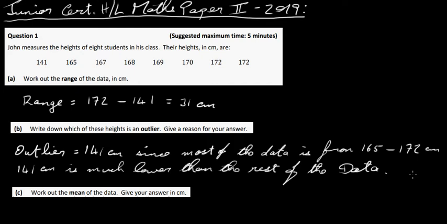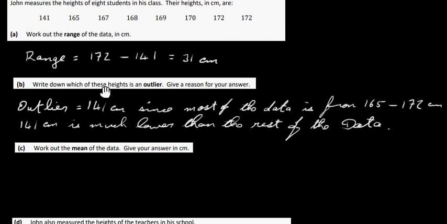Okay. Part C, work out the mean of the data. The mean is just a case of adding them up and dividing by 1, 2, 3, 4, 5, 6, 7, 8.